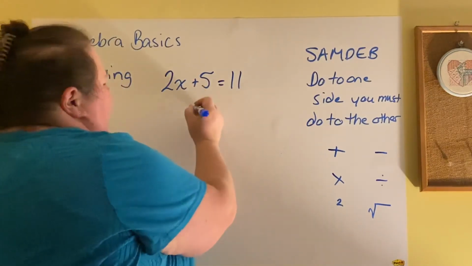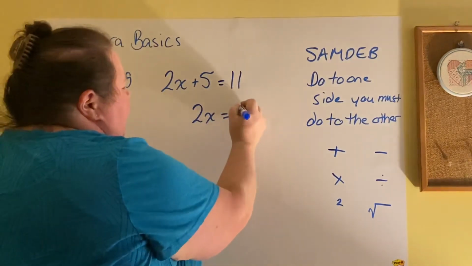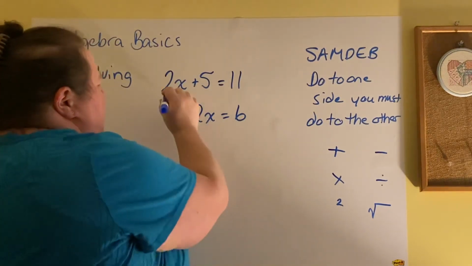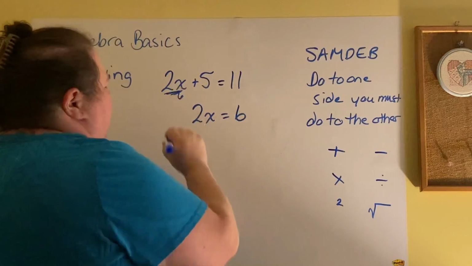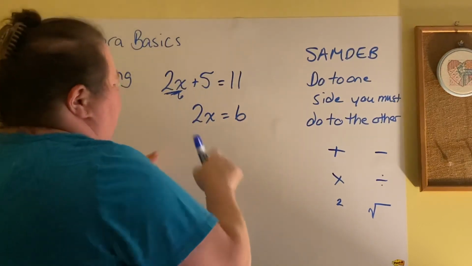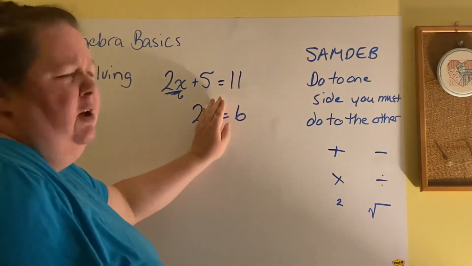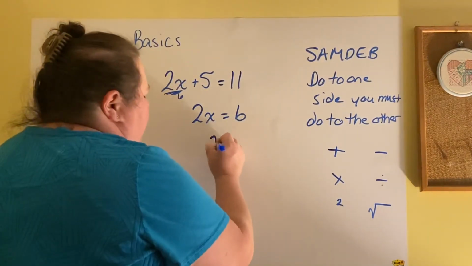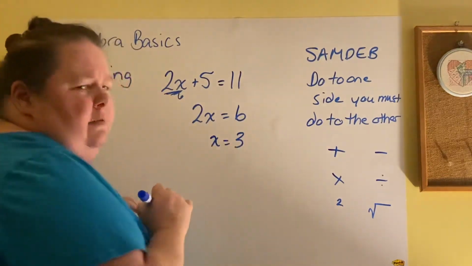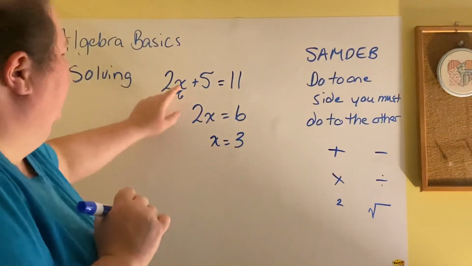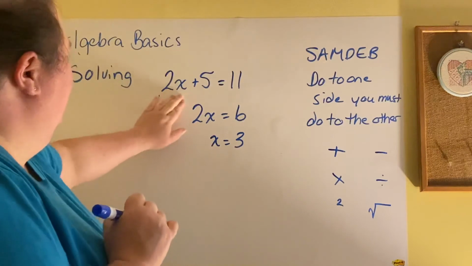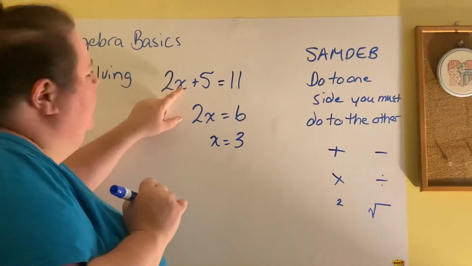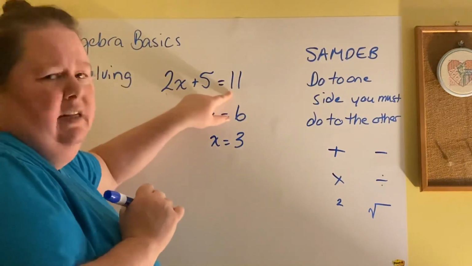So what I know now is that 2x has to equal 6, because this is going to be 6 in here, this whole piece. And so then I look at this and I cover up the x and I say, what would I multiply by 2 to get 6? And the answer is, I would multiply 3. So if I go back and test the theory and I do it out, 2 times 3 is 6. 6 plus 5 equals 11.